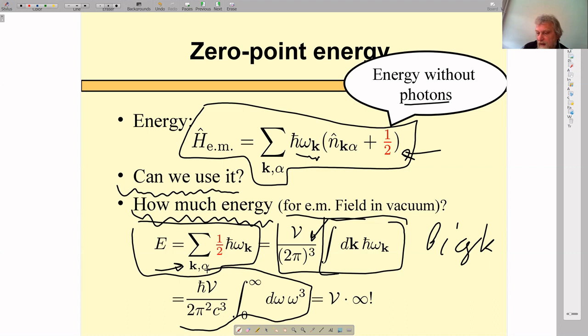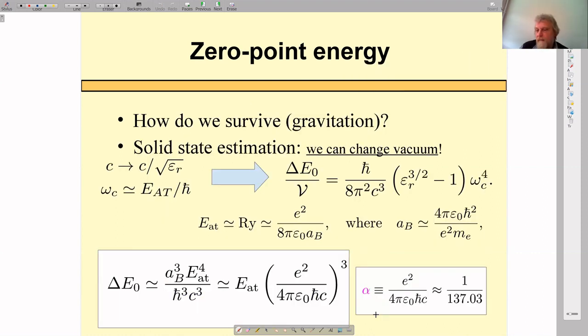Recalling the formula we have derived, how many oscillators are there in a frequency interval of delta omega. In any case, it is also the energy density which diverges, which is infinite. And good.